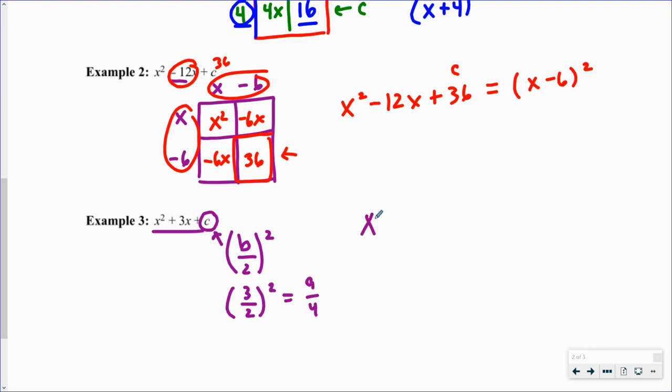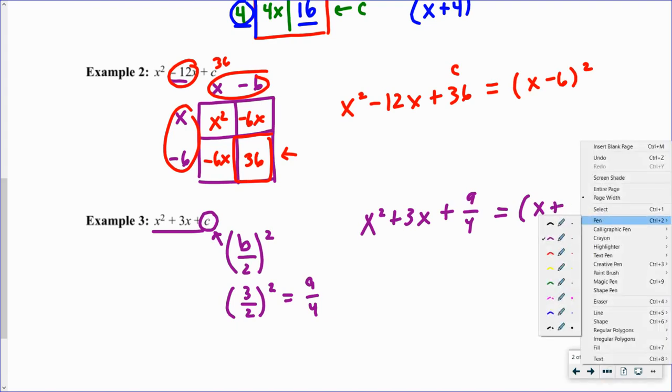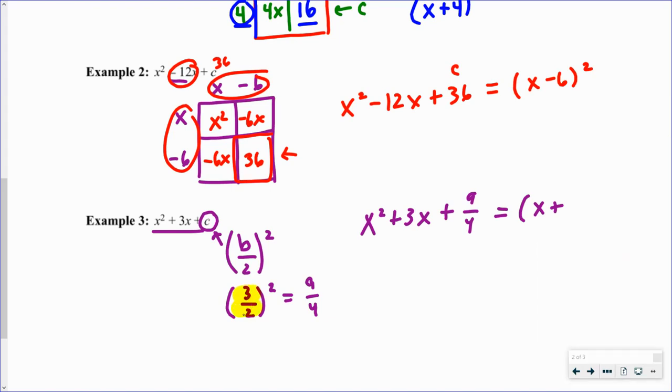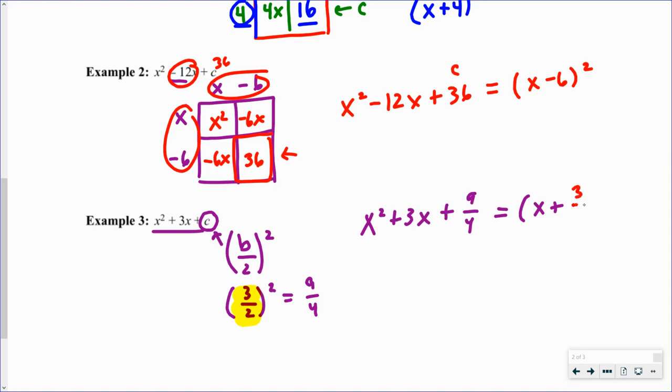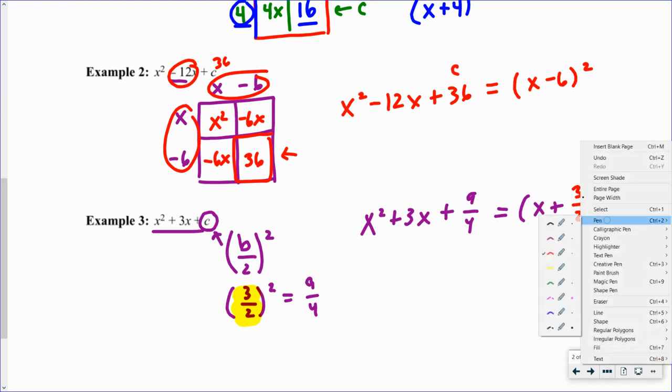So x squared plus 3x plus 9/4 is a perfect square trinomial, and it should factor to x plus the term that we squared originally, all squared.